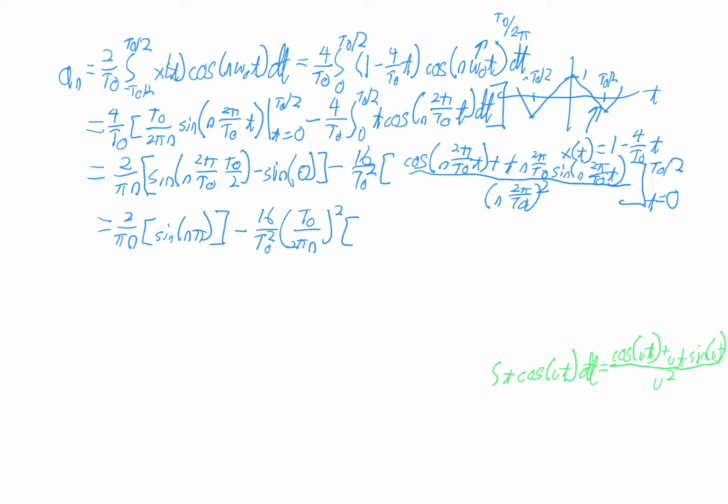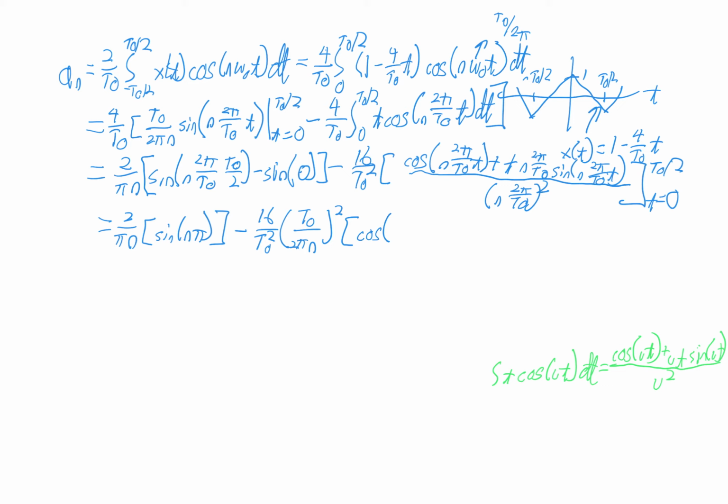And now we just have to take care of the numerator and substitute in the values for t to get the definite integral. Let's handle just this cosine term first, from the upper limit to the lower limit, and then after we do that, we'll handle this sine term separately. So handling the cosine term, we have a cosine at 2 pi over t0 times small t.